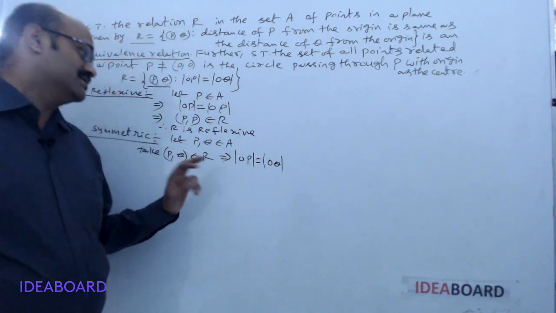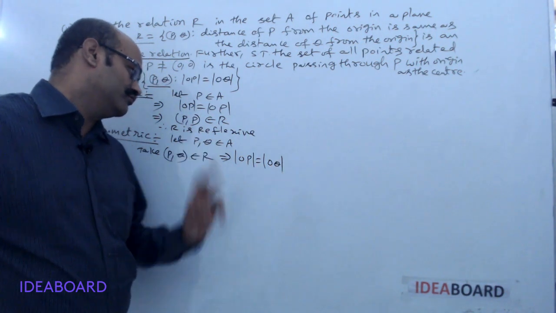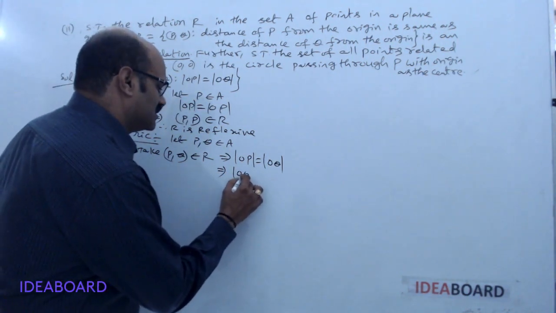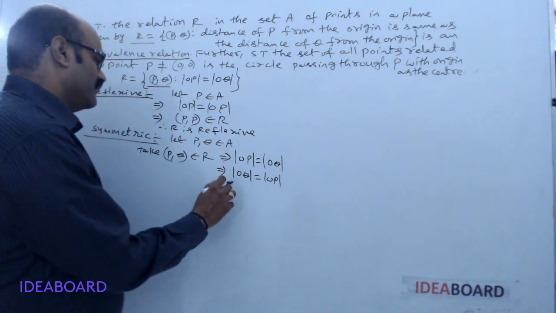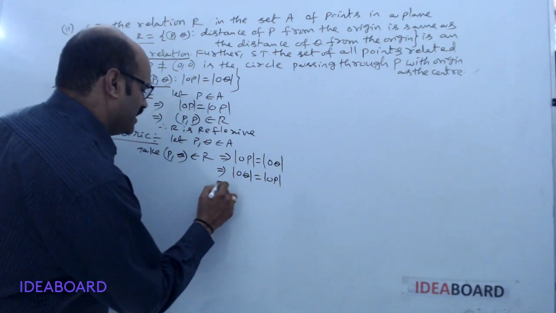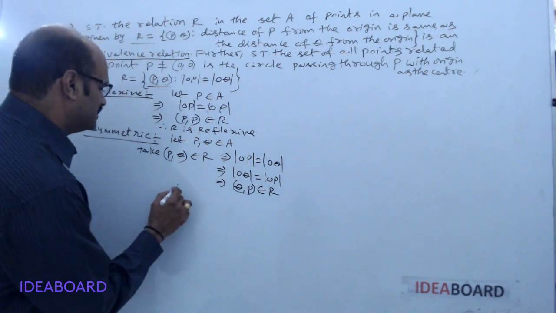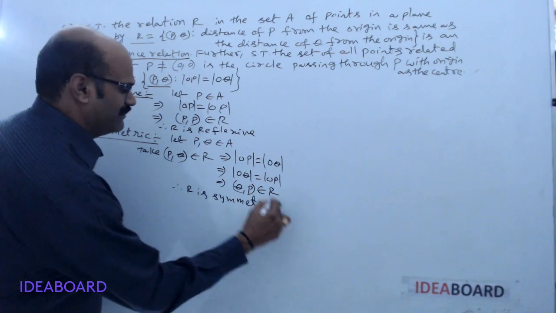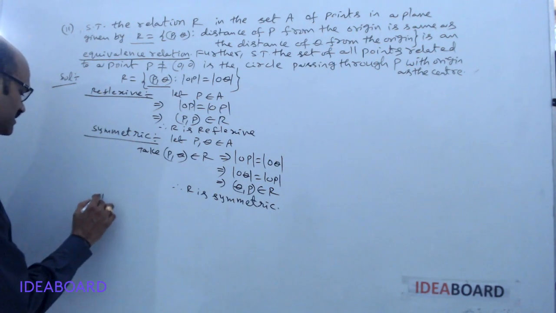That means the distance of the point P from O is equal to the distance of the point Q from O. We can write it as |OQ| equal to |OP|. So whenever you have |OQ| equal to |OP|, we say that (Q, P) belongs to R. Therefore, R is symmetric. Now, we have to discuss transitive.